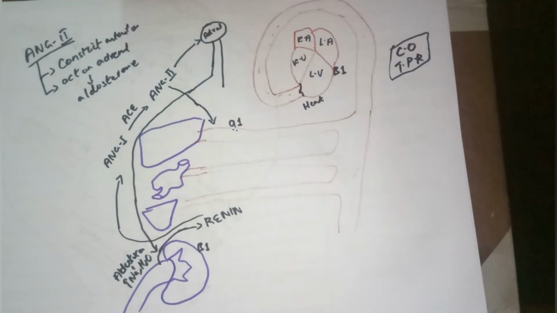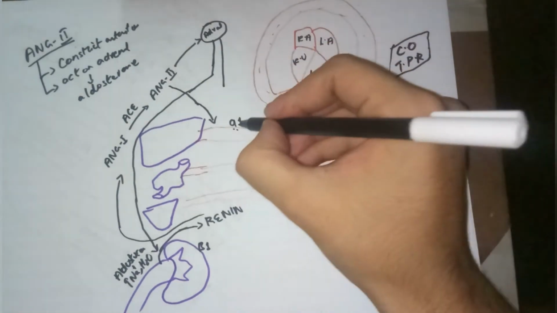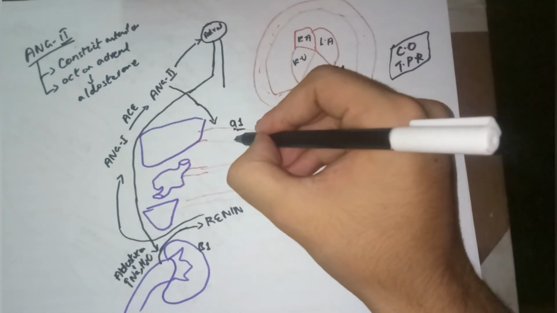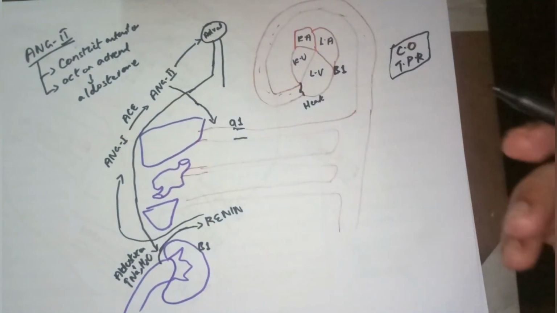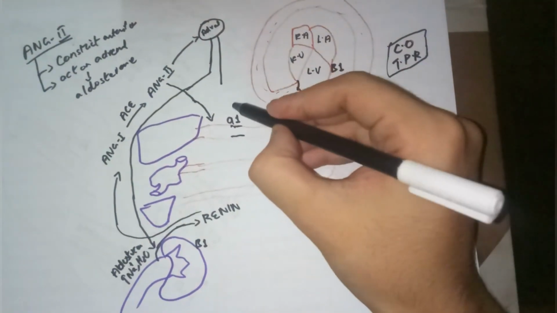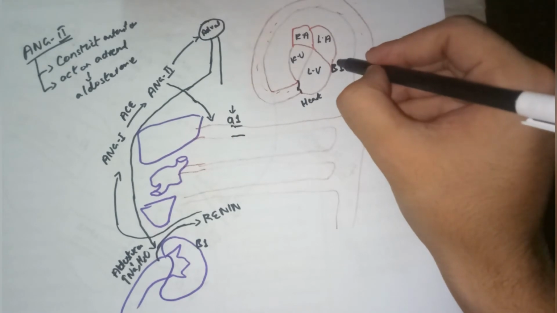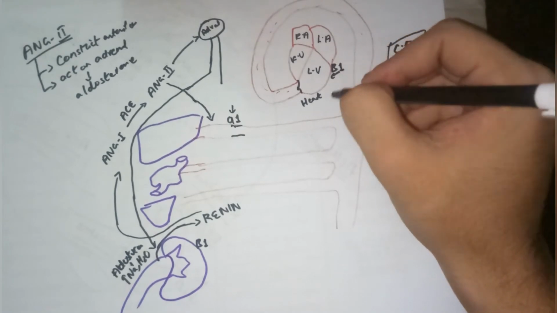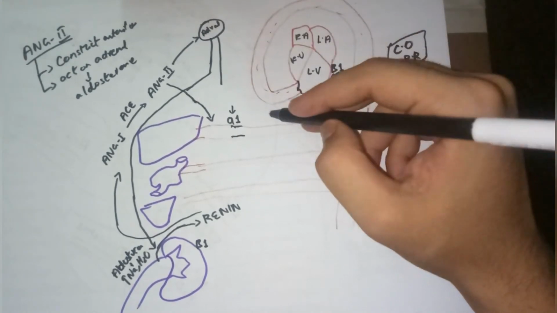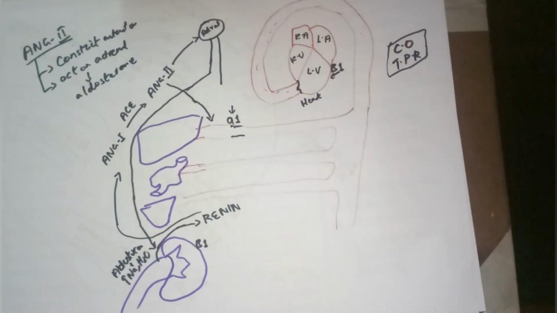It will constrict the arterioles. So if someone has some genetic abnormality and has hypertension, or due to some factors has atherosclerosis in the arteries, and the alpha 1 receptor or the beta 1 receptor works more, and he has to pump more blood, then he will have hypertension.